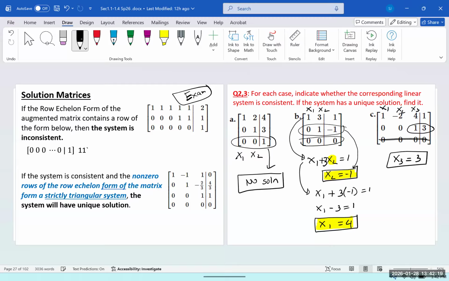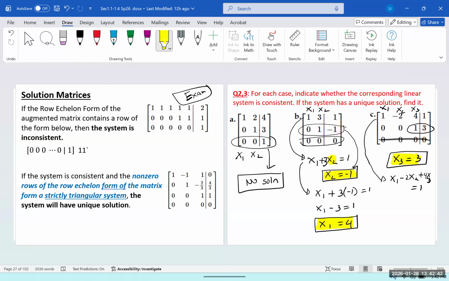So x3 is unique. It has only one solution. Now the first row is telling us we have 1x1 minus 2x2 plus 4x3 equals 1. But we know what x3 is, right?